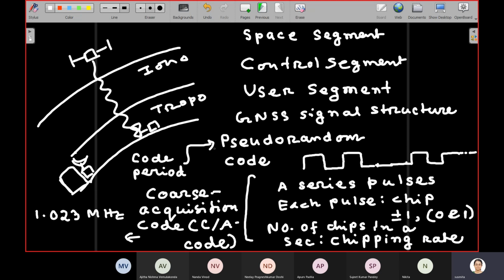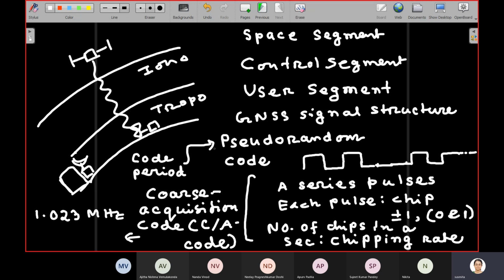So if you take one code and try to match it with the code of another satellite, so basically you are trying to match two codes, each from one satellite, you will find that they do not match. If you try to match a code with itself, you will find that there is a very good match.